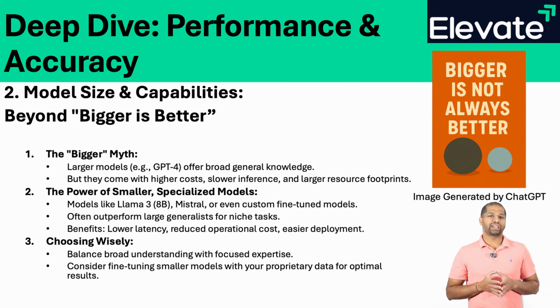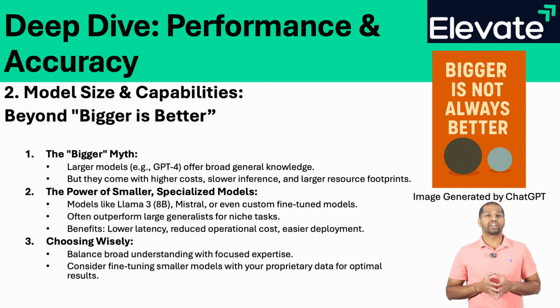For many specific applications, particularly within a corporate environment, the power of smaller, more specialized models cannot be overstated. Think of models like Llama 3's 8 billion parameter variant or Mistral models. These can be incredibly efficient, and when properly fine tuned with your proprietary data, can often outperform a massive generalist model for a niche task.